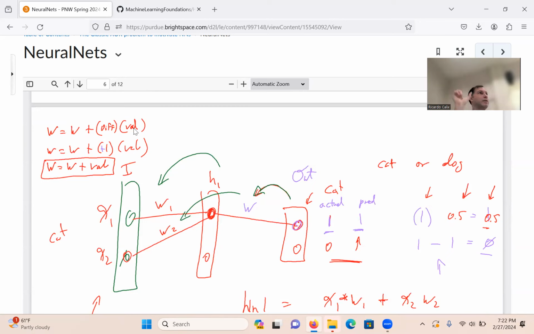So you take the weight and you are always either adding or subtracting that from the weight. The question is, do you add it or do you subtract it? Do you see that, guys? That's how you update the weights.